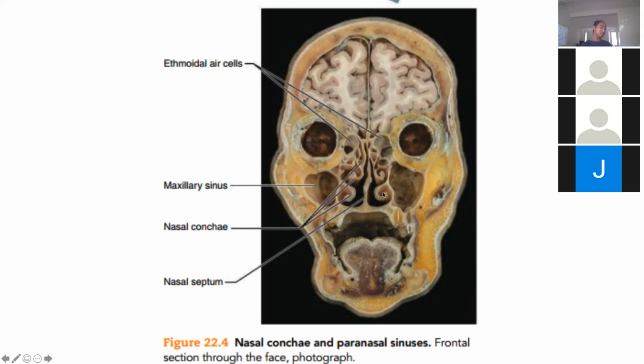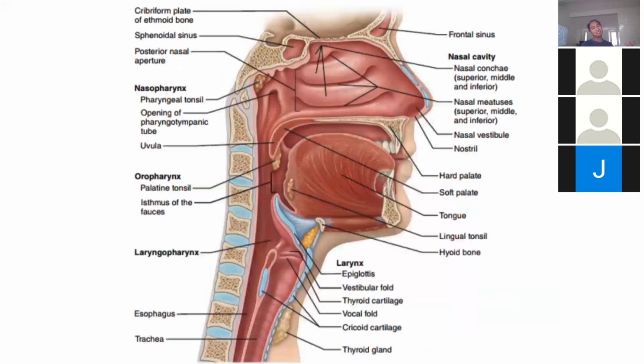Inside the nose, we have superior, middle, and inferior conchae, which increase the surface area. This is the sagittal view: superior concha, middle concha, and inferior concha.